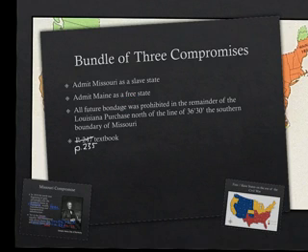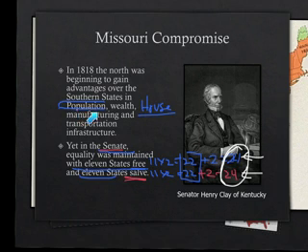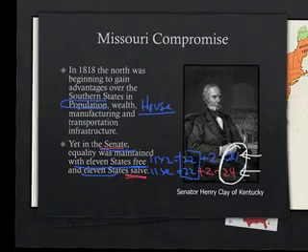So you have both Maine and Missouri entering, and then your proportions stay the same. So you have 24 and 24. You have this equality to exist. Even though the North is gaining population and they're gaining legislative advantages in the House, this stays the same.